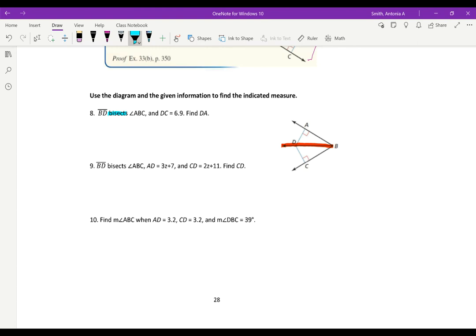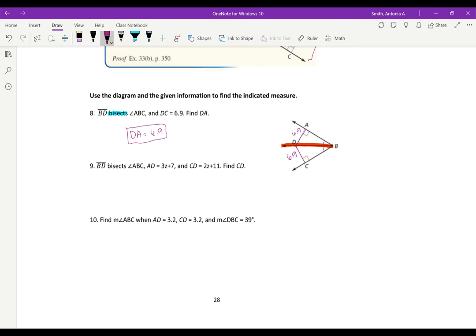And it says the distance from point D to C right here is 6.9. Okay, because this is a bisector, we know that these angles are the same down here. So if our angles are the same, then the theorem from up above says these two distances must be the same. So DA must also be 6.9. Okay.